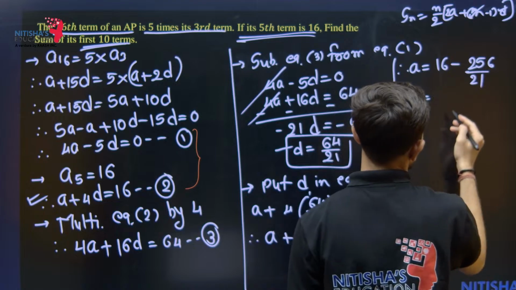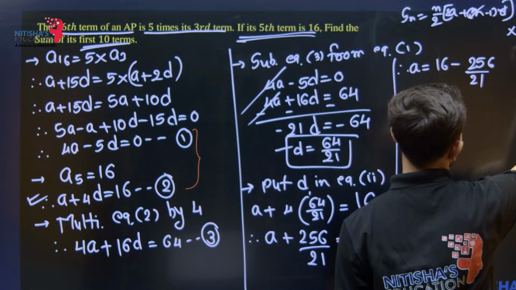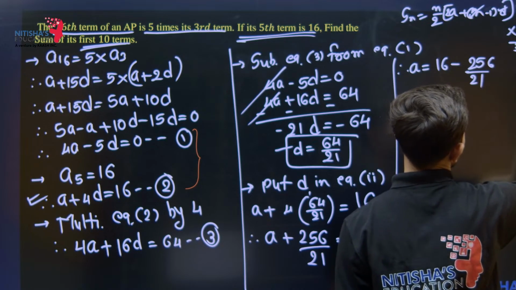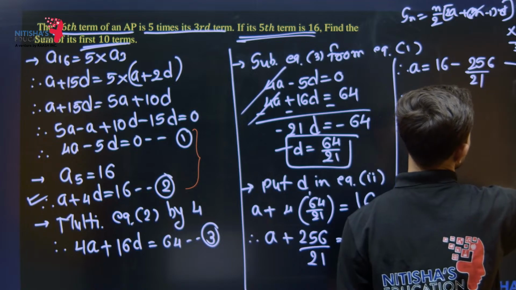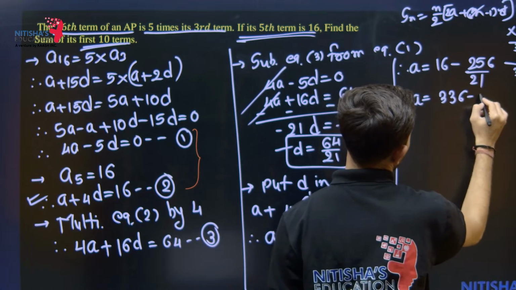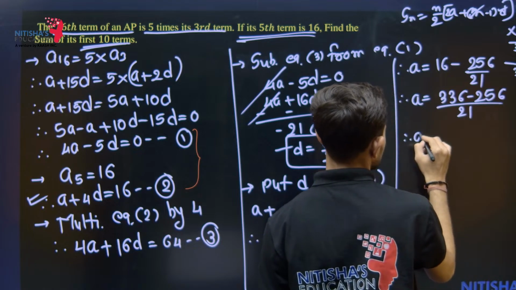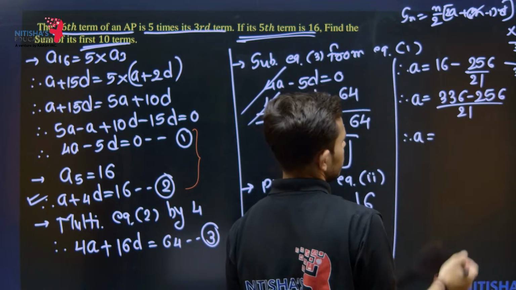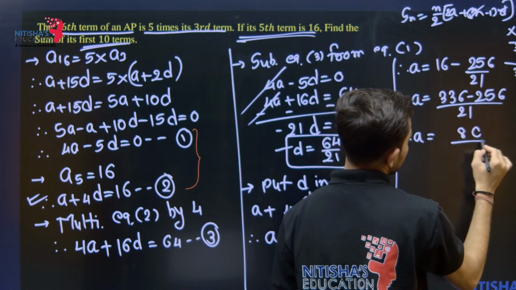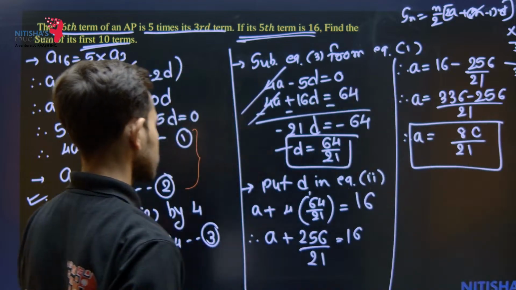Therefore a is equal to 16 multiplied by 21, that is 336, minus 256 divided by 21. Therefore a is equal to 80 upon 21. So we get the value of a.